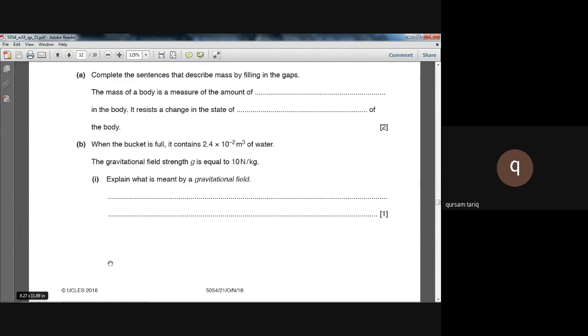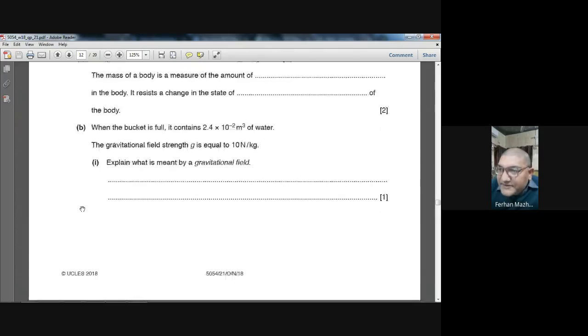What you wrote? It is an area in which a mass experiences force due to gravitational attraction. Yes.